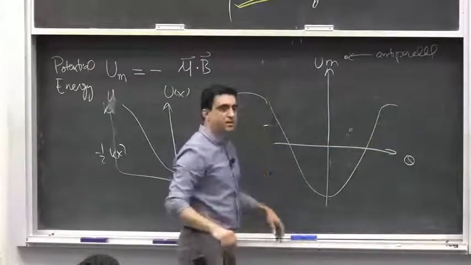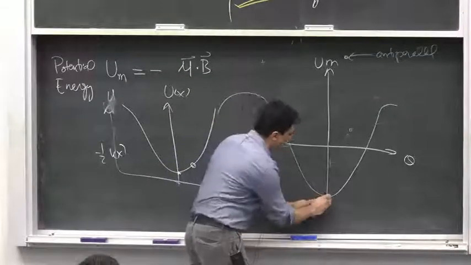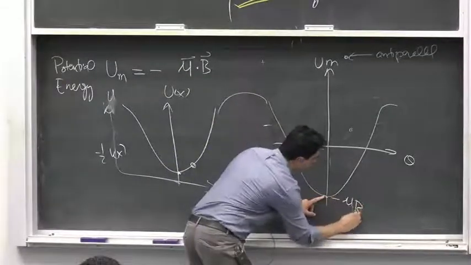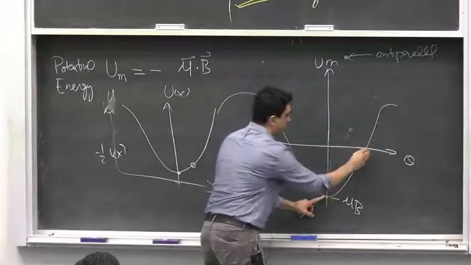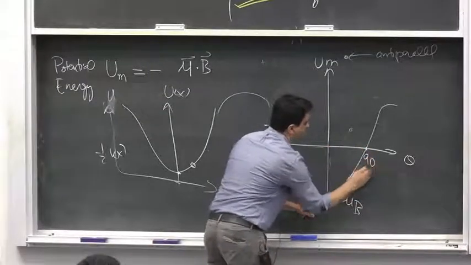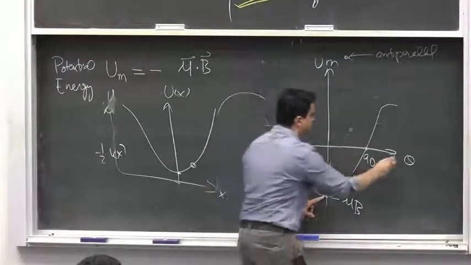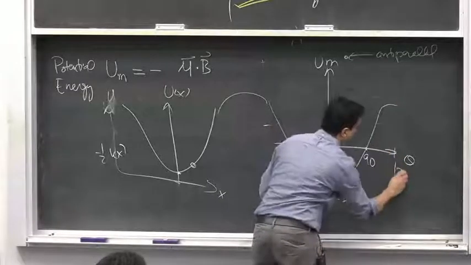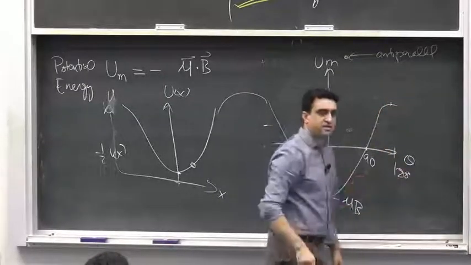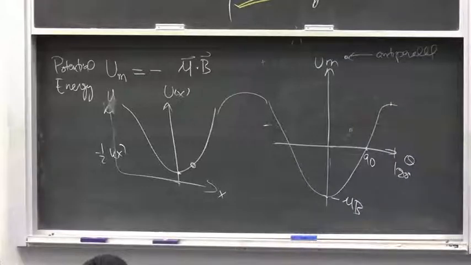Of course it would come back. If theta is 0, you have minus mu B. If theta is 90, you have the potential equal to 0. If theta is 180, then you have the potential at a higher value. I hope it answered the question.